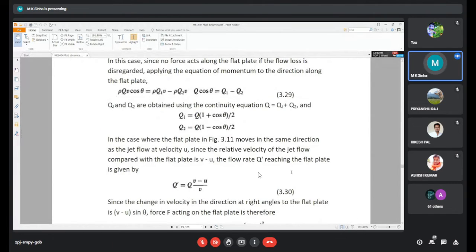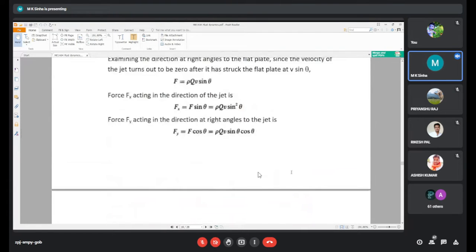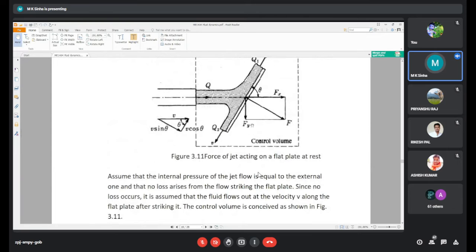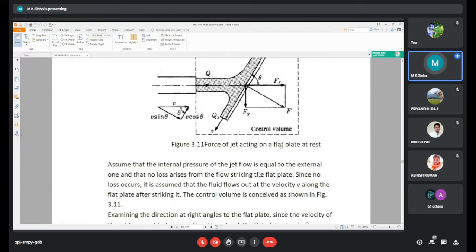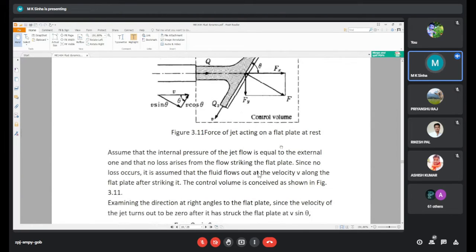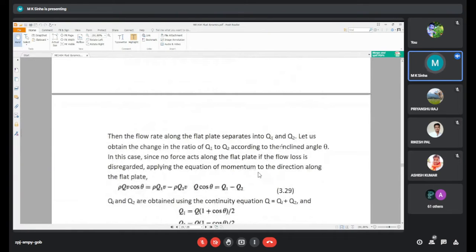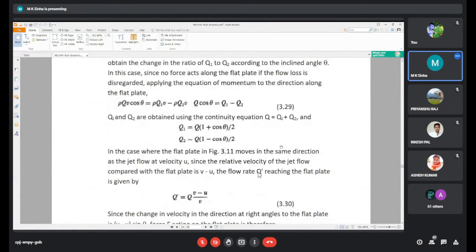In case the flat plate moves, we first decided the situation where the flat plate on which the jet is striking was fixed. Right now it is moving, with velocity u related to the jet.